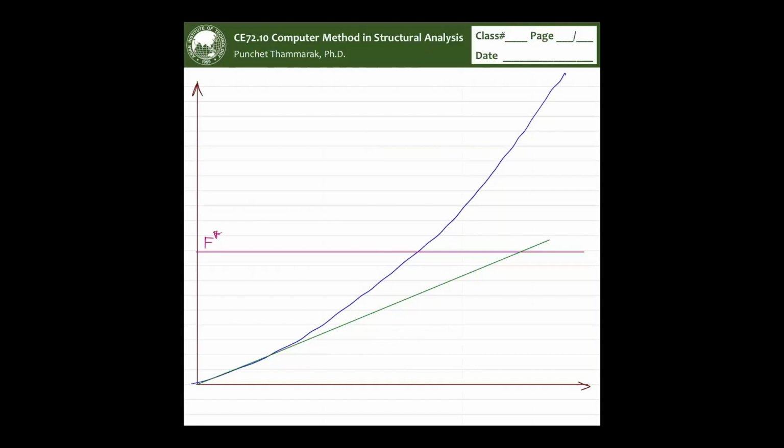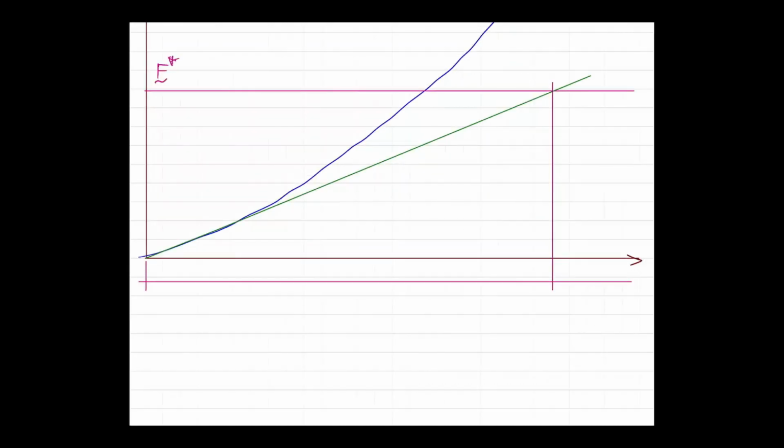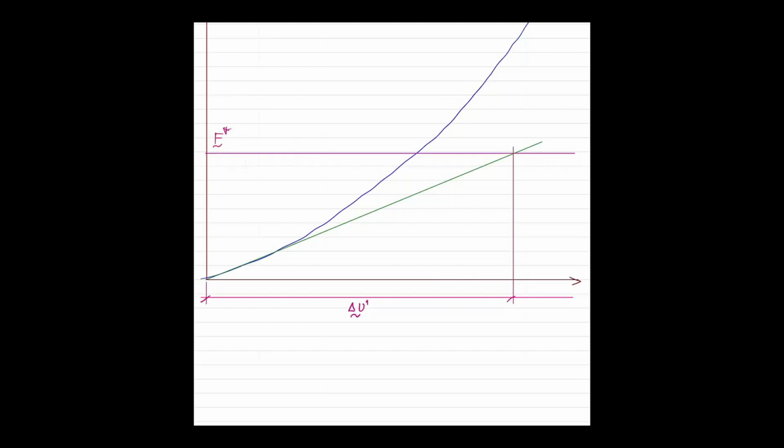to find the displacement corresponding to the F star, get that, and what do we call it? It is the delta U1. From this delta U1, you update your U1, and that is equal to delta U1.